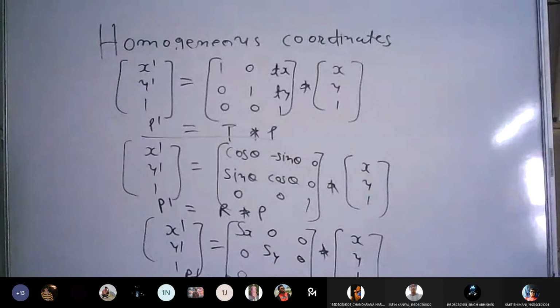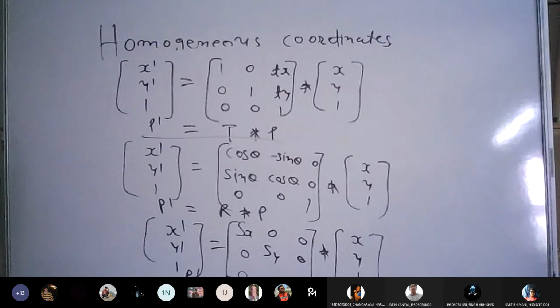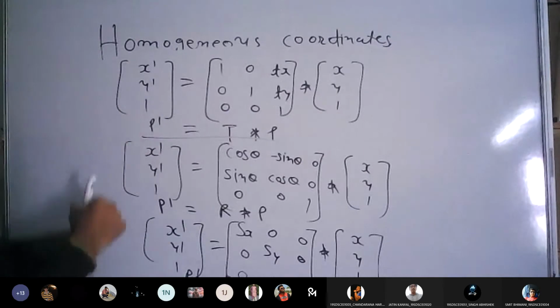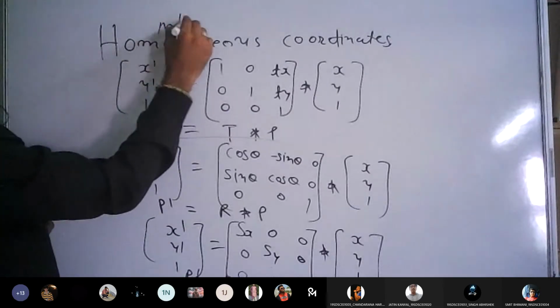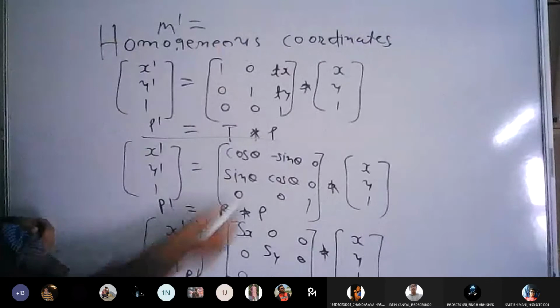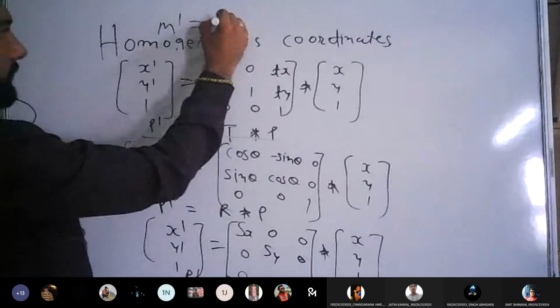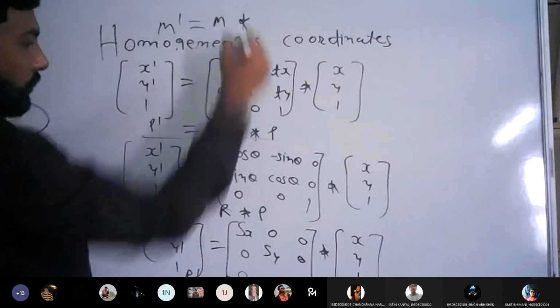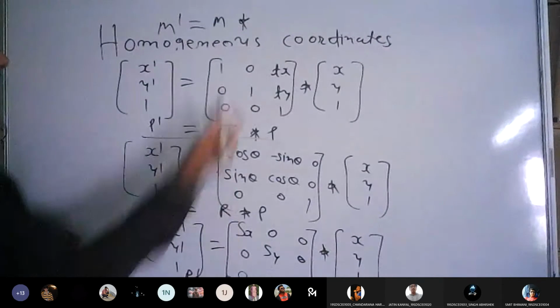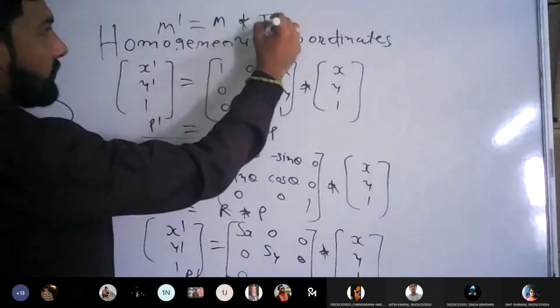Correct. Earlier, it was in additive form, but now we wanted to convert everything into the same form, so that based on this we can go with one more general form. I have not written it yet, but let me tell you the general form. Here, for example, p' is there, so I can write m' equal to m into something. For this I can go with any letter. Let's say it's transformation.